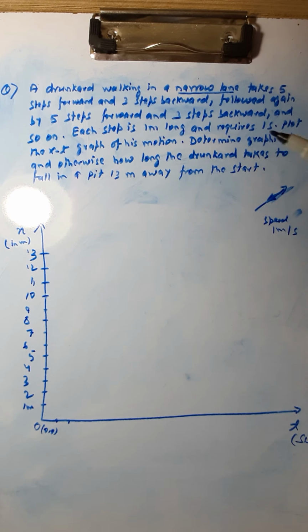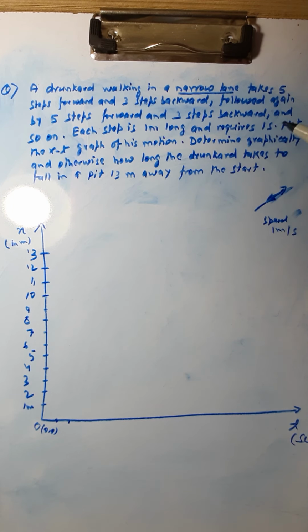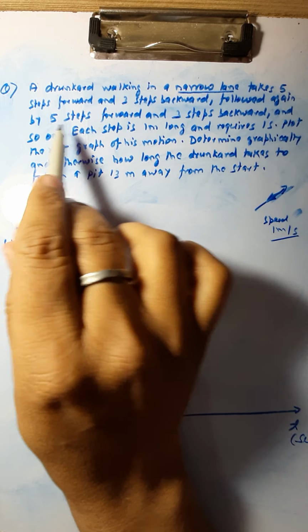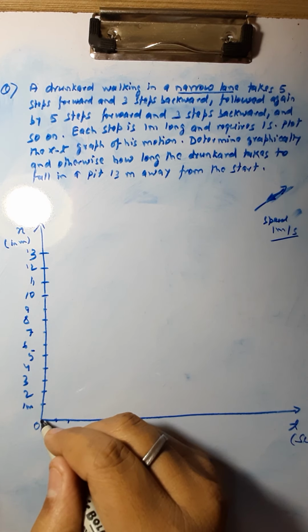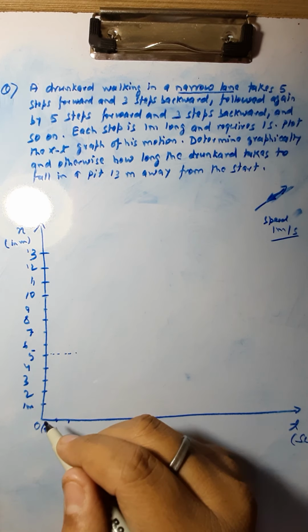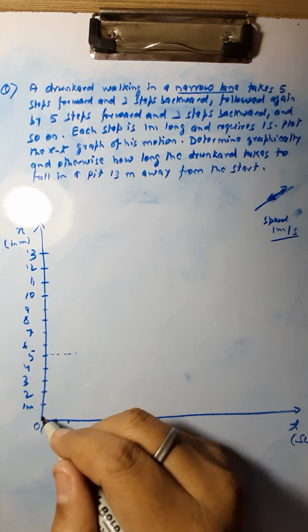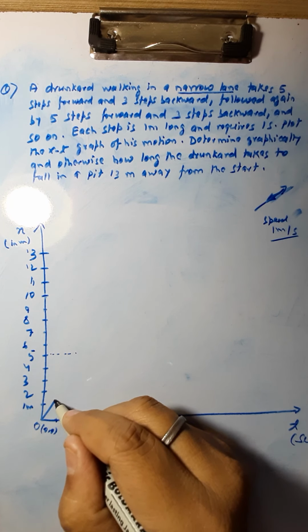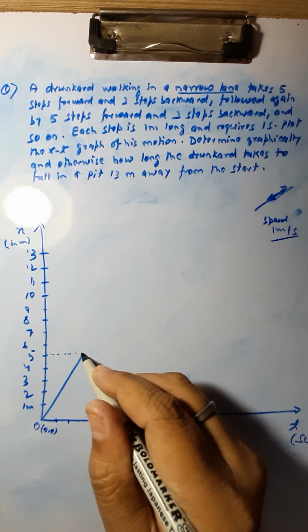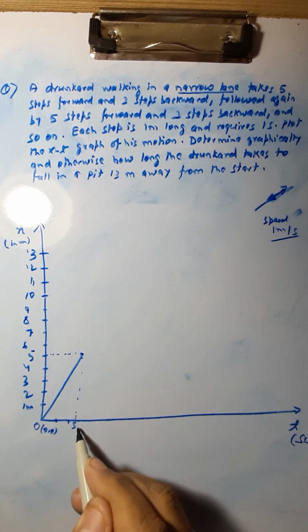So each step of the drunkard is 1 meter long and requires 1 second. That is, his speed is 1 meter per second. So he takes 5 steps forward. That is, he will move 5 meter in 5 seconds. Suppose here it is 5 seconds.